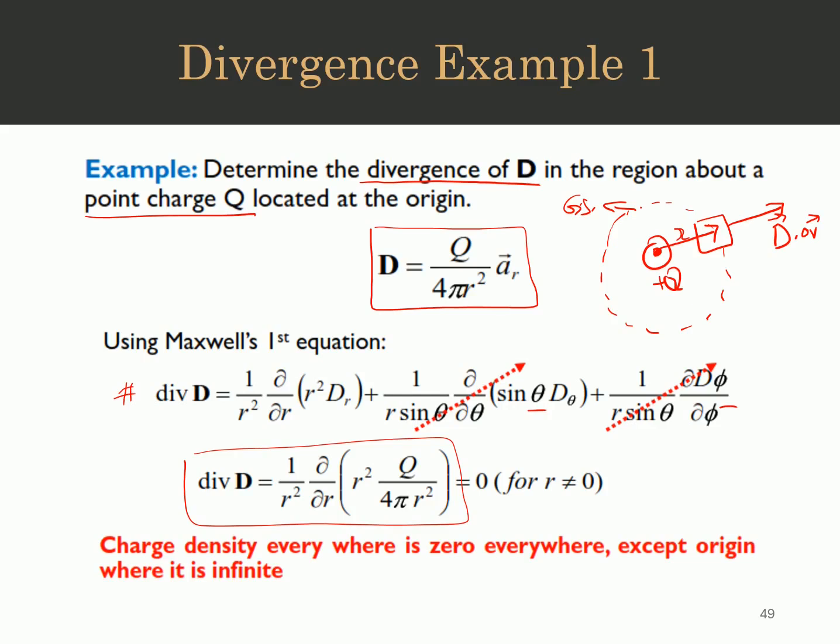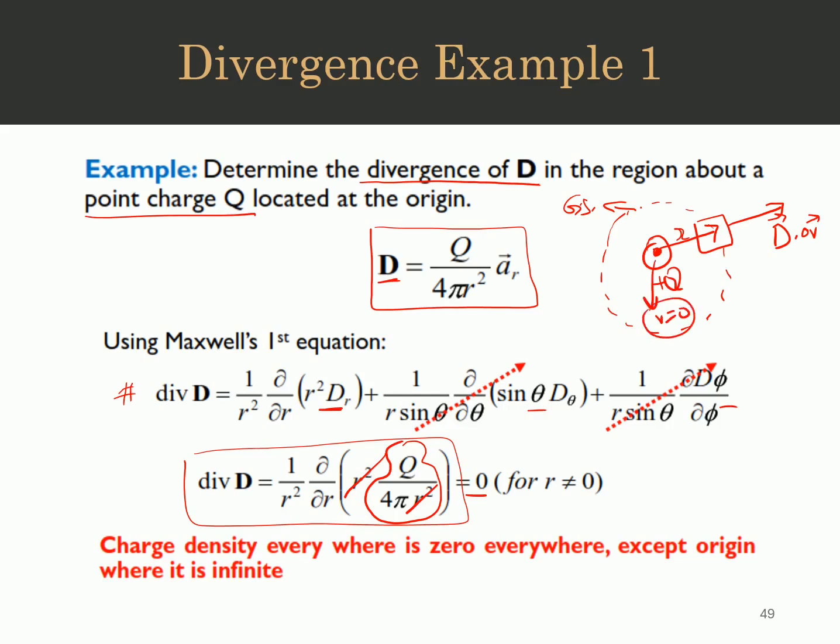Why is it coming to 0? Because when you incorporate the value of D in this equation, you get Q divided by 4 pi R squared, where R squared and R squared cancel out. Once you take the partial derivative of a constant, it comes out to be 0. So what this equation is telling us is that whenever the value of R is not 0, where is R 0? At the origin.